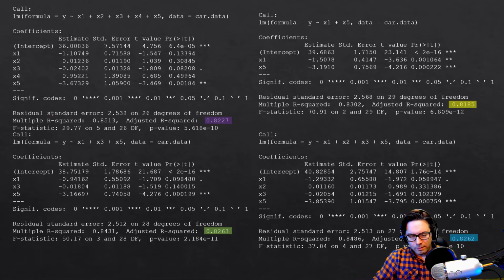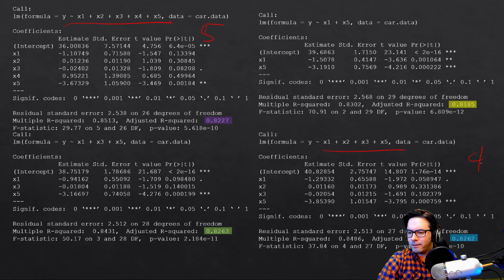Let's see. I want to make sure I use the right kind of pen for this. Let's start from the biggest one and see which ones we can eliminate. Notice that we have 5 predictors here and 4 predictors here, because this is model 5 and this is model 4.